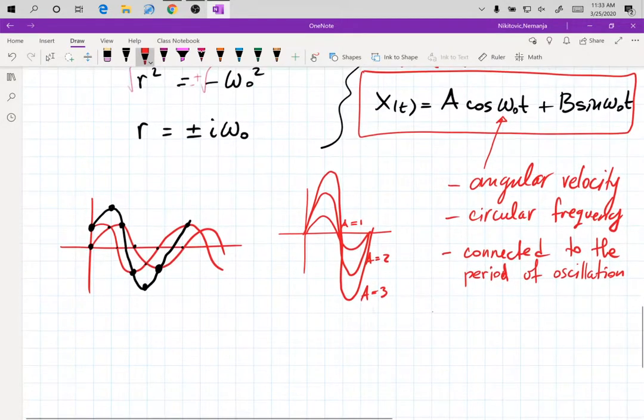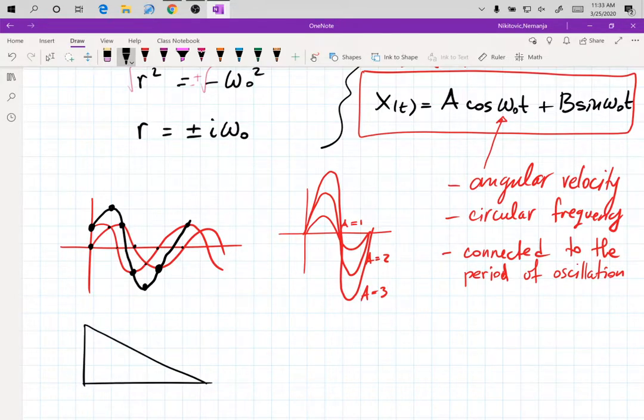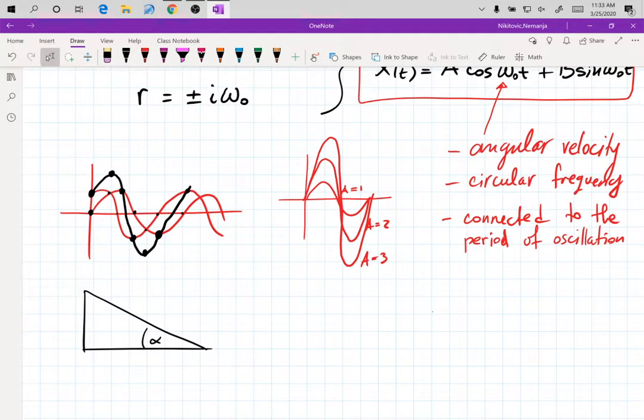So now let's actually first do that conversion before we move on. To analyze the solution, to analyze the motion, we can draw the triangle, right? Let's call this angle alpha. I like phi better than alpha, but such is life.